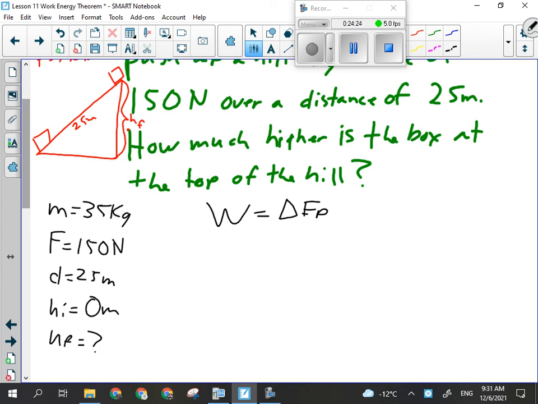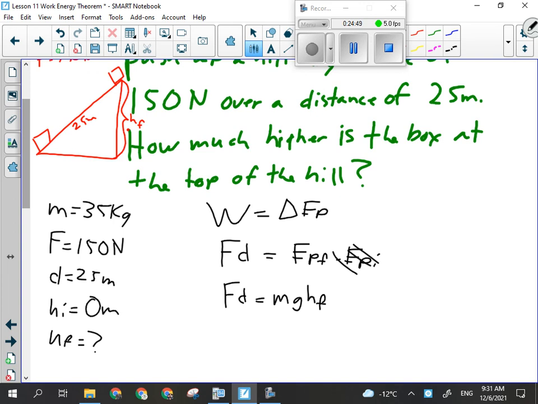Since I was given both force and distance, I'll have to use them. And that's going to equal my change in potential energy, which will be EP final minus EP initial. But what's my initial potential energy? 0. So that means force times distance equals m times g times my final height, which is what I'm looking for.